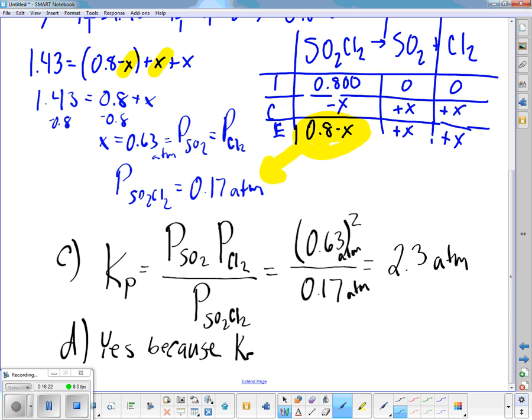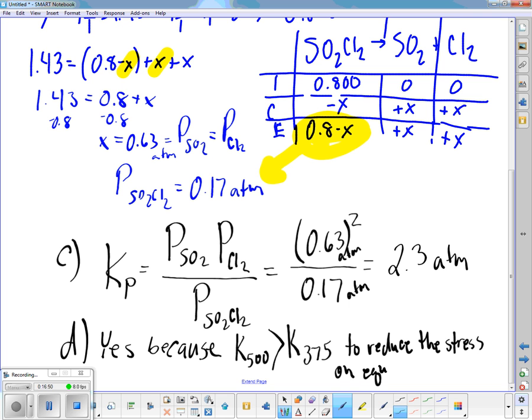So K at 500, how's it going to compare to the K that we just did that was at 375? It'll be larger, okay? And we say that because, again, to reduce the stress on the equation that the heat caused.